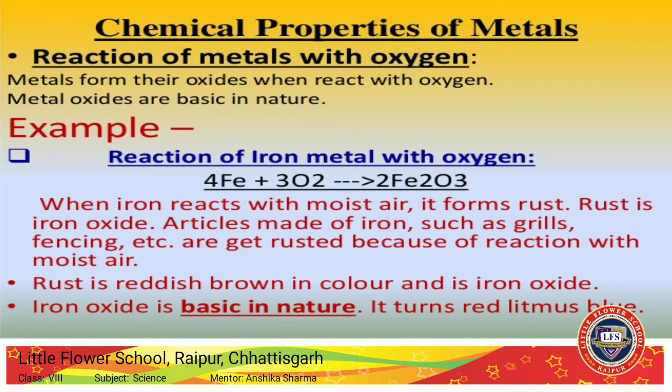Articles made of iron such as grills, fencing, etc. get rusted because of reaction with moist air. Rust is reddish brown in color and is iron oxide. Iron oxide is basic in nature. It turns red litmus blue.